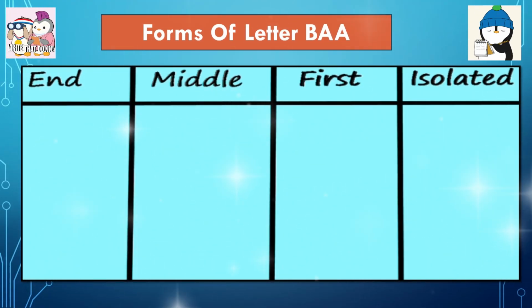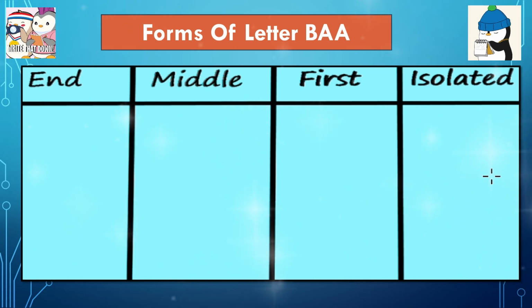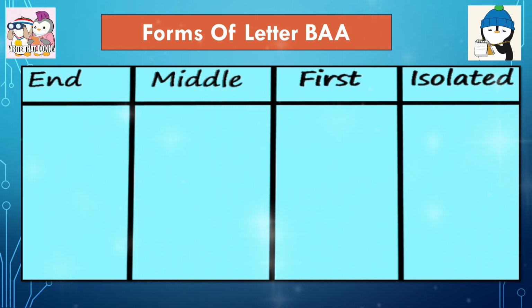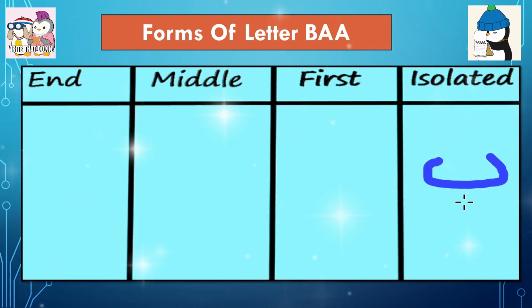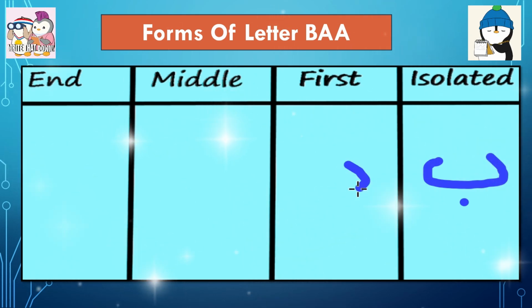Let's learn how to write the letter ba in its three forms. For its isolated form, we draw a curve, a horizontal line, and another curve, and at last we draw a dot. For its first form, we draw a curve and a horizontal line and a dot.